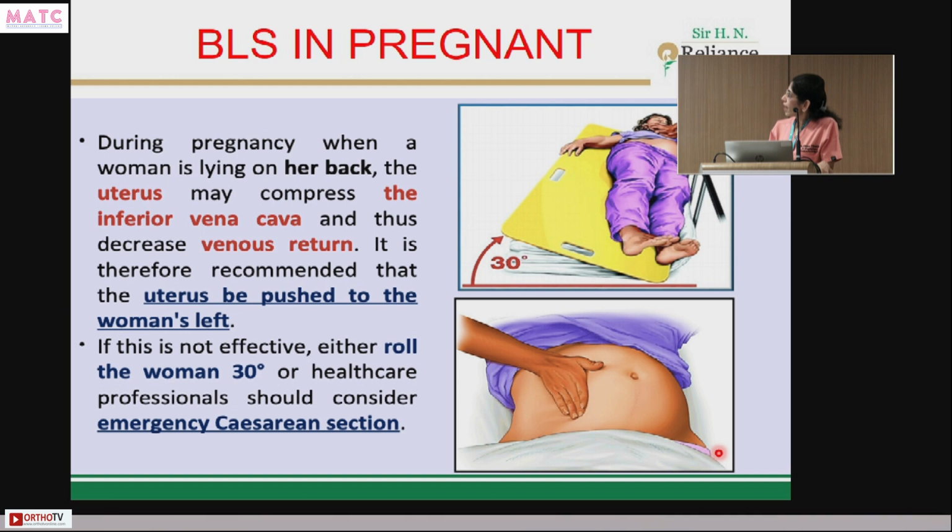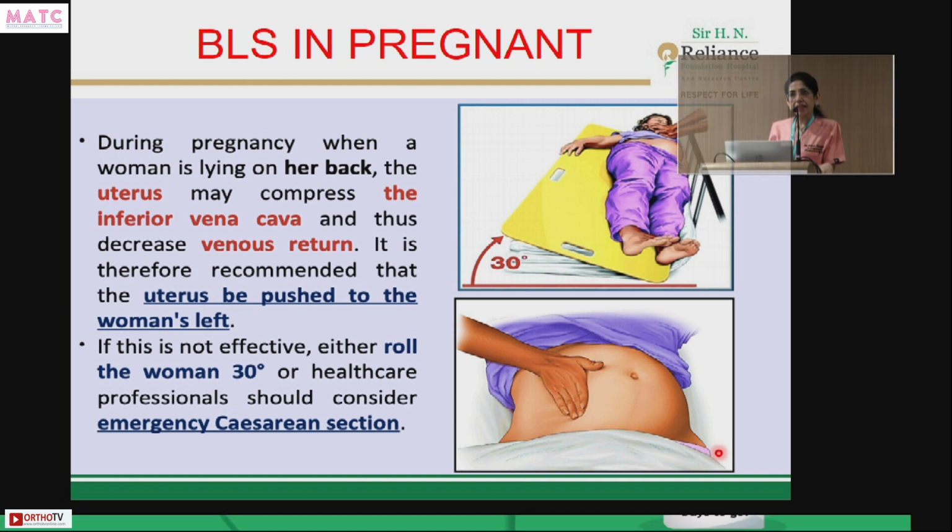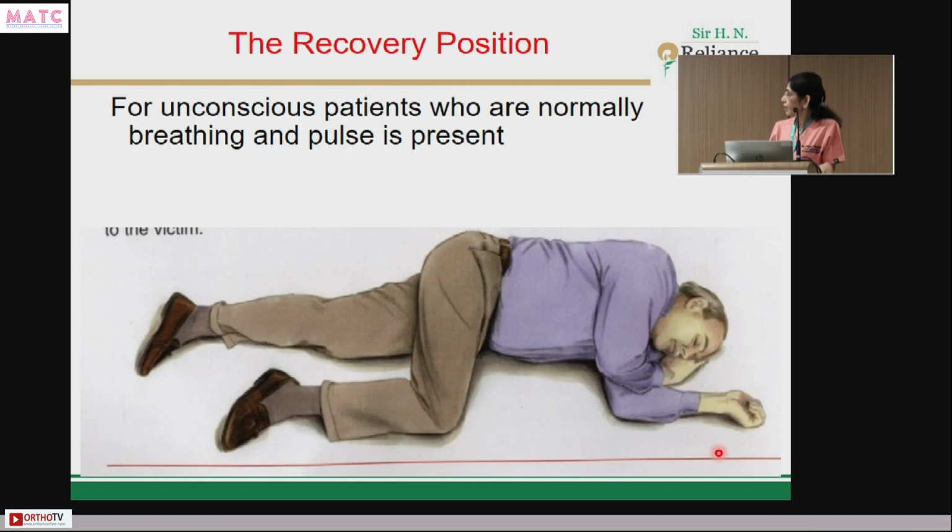All these steps we have discussed. Now, in case of a pregnant patient, the uterus presses on the inferior vena cava and it will hamper the venous return. So in case of a pregnant patient, push the uterus to the left side, or you can give a 30 degree tilt and push the uterus to the left side, and the steps of the CPR remain the same.